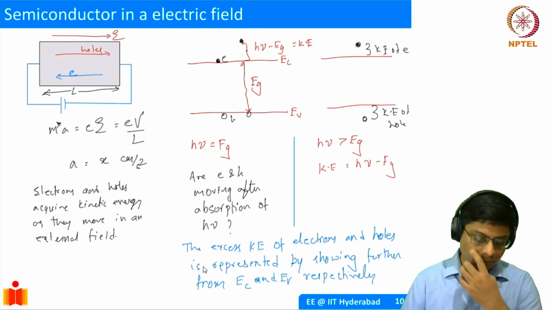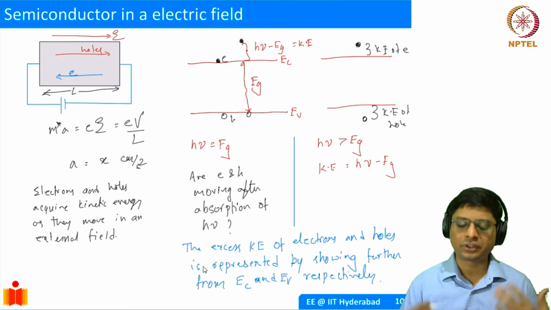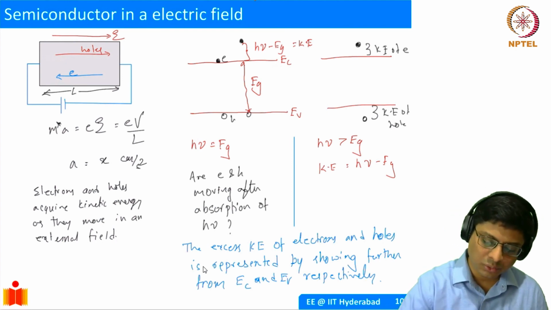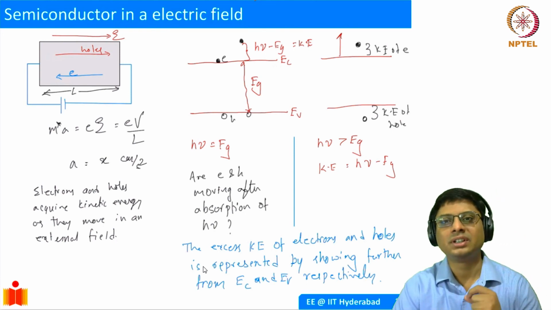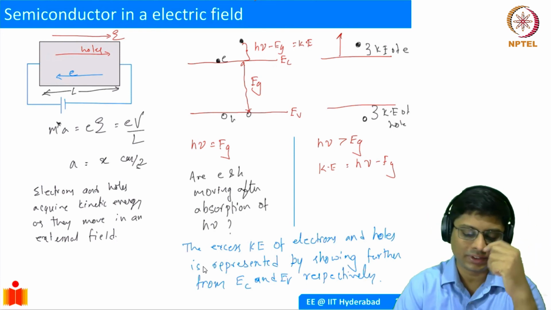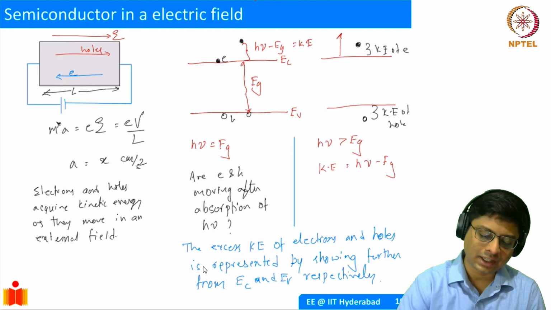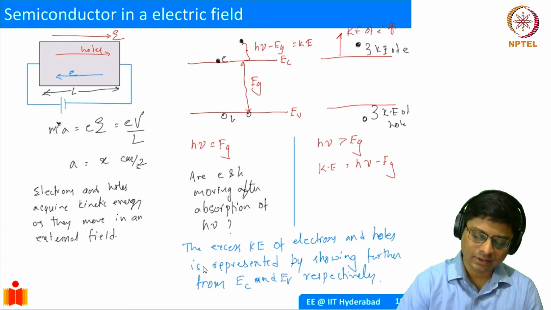So what we are saying is, as kinetic energy of the electron increases, it's going to move away. If you show an electron deeper in the conduction band, that means it has a higher energy. Kinetic energy of the electron increases, and here Ke of the hole increases.